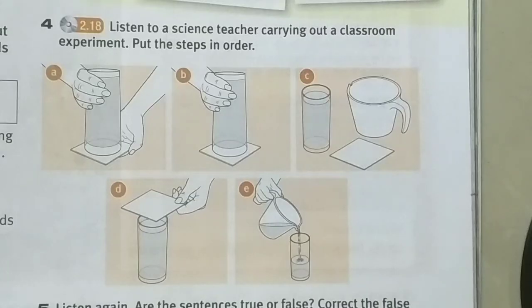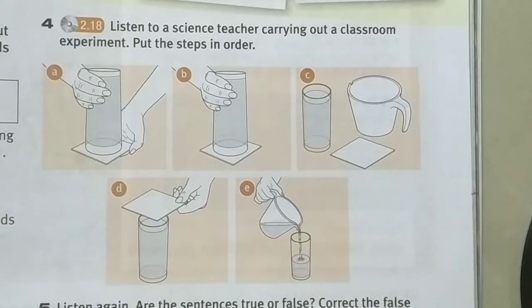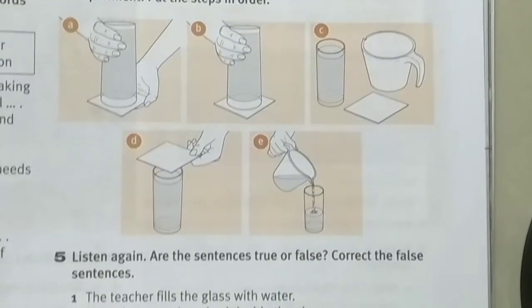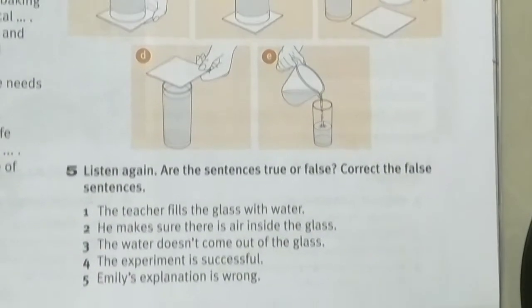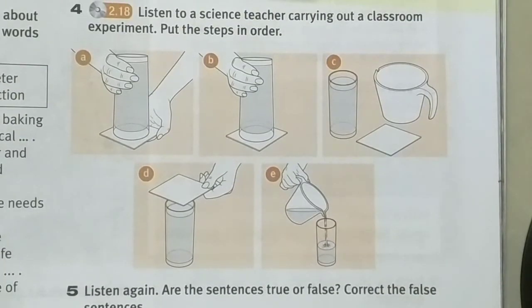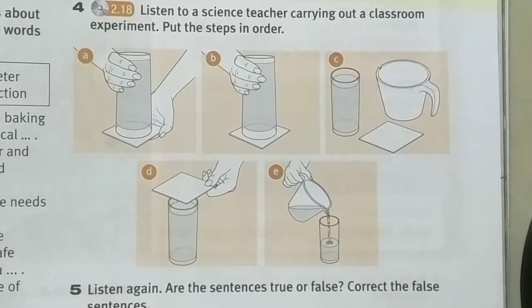Coming to exercise 4, listen to a science teacher carrying out a classroom experiment. Put the steps in order. So here I'm going to read an audio script for exercise 4 and also for exercise 5. So as you look at the pictures here, let's take a quick look at the pictures.